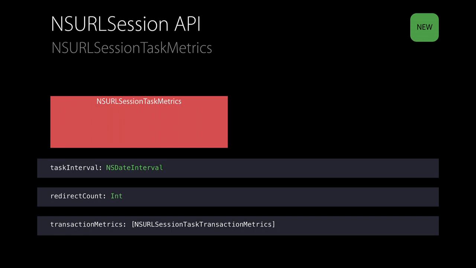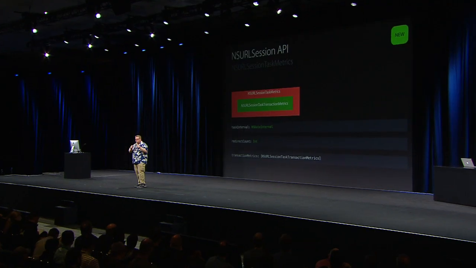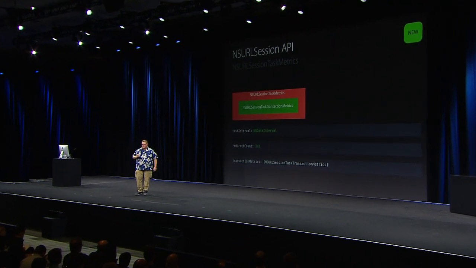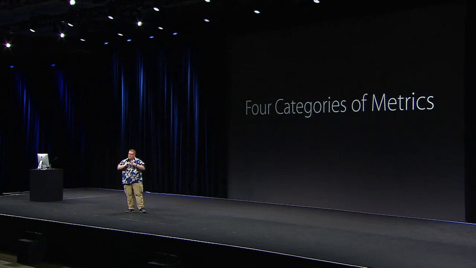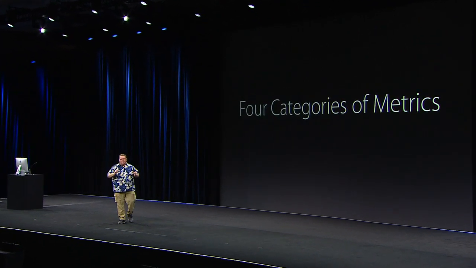Now, this property is really the core, this is the meat of our network statistics. This is where you get an array of NSURLSessionTaskTransactionMetrics objects. Now, let's take a closer look at this particular new class, because this is really where some of the great metrics are located. Now, in order to understand all of these metrics, I'm going to chop them up into 4 categories.